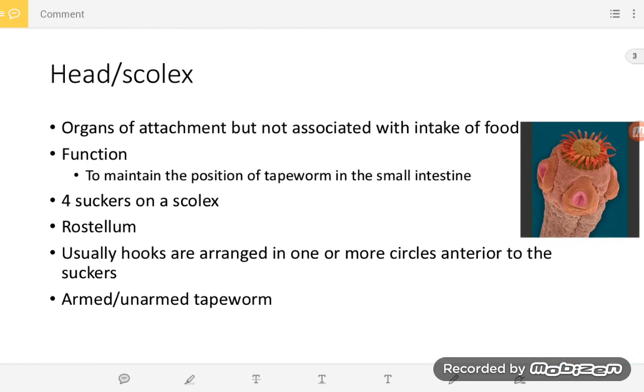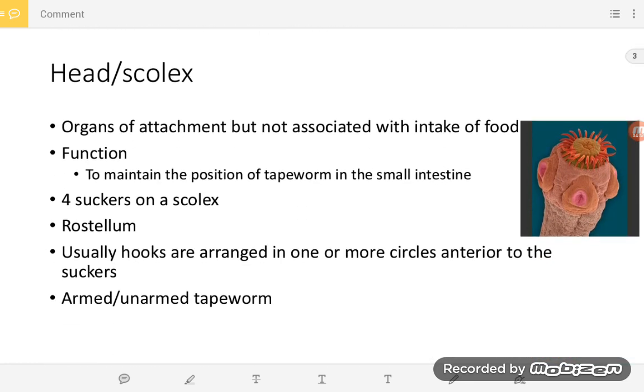The scolex or head part is an organ of attachment but not associated with the intake of food. The main function of the scolex is attachment to the intestinal wall of the host, but they cannot take food using the scolex. Its function is to maintain the position of the tapeworm in the small intestine. When we take food or water, it comes through the small intestine.